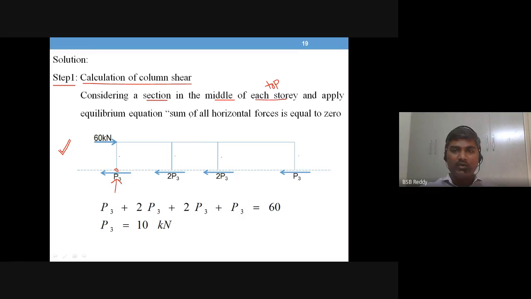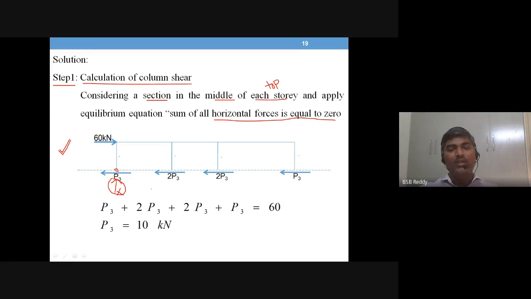But what you are applying here is the sum of all horizontal forces equal to zero. So though you mention it or don't mention it, doesn't matter. That's why I am not mentioning this, though it is there. The vertical reaction is there, but at this point it is not required for us to show it in the diagram. Same way for all the columns presented here.